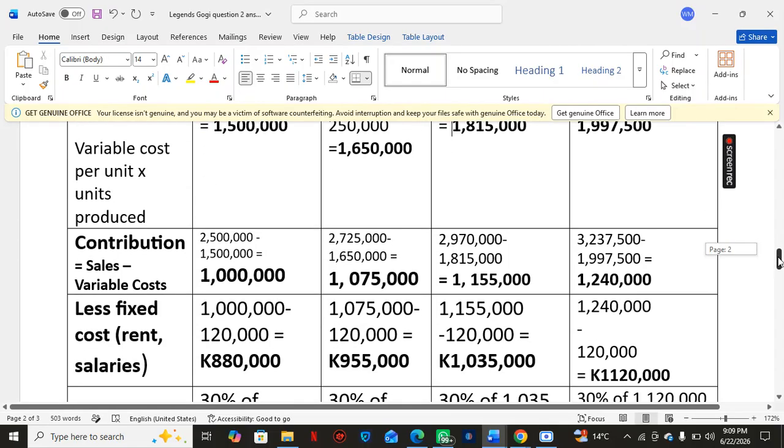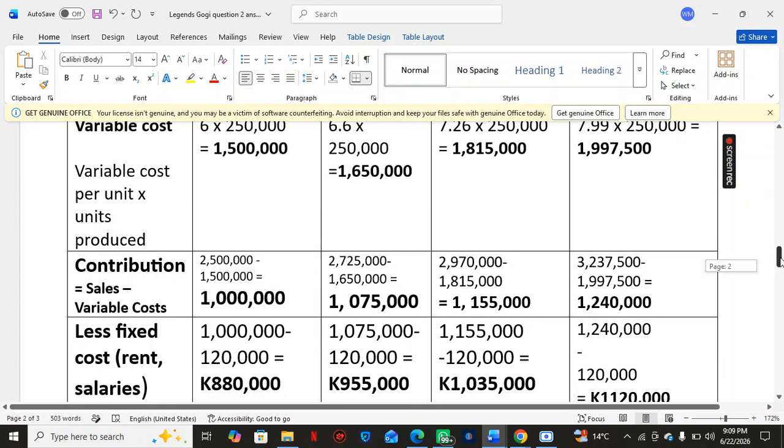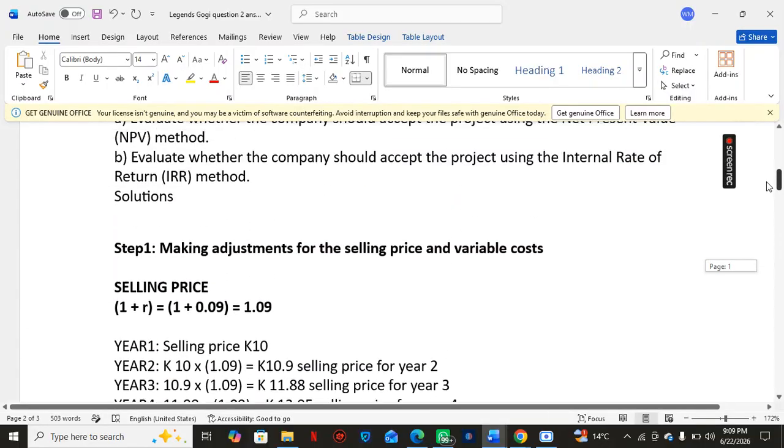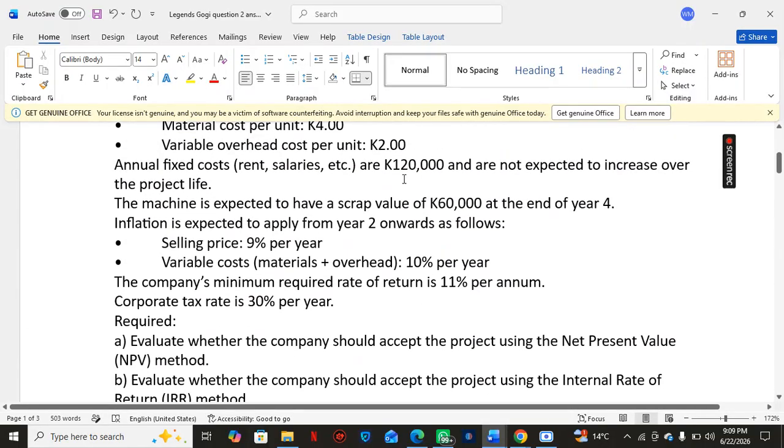After we've got our contribution, now we deduct our fixed costs to get the profit before tax. In our question, the fixed cost is 120,000 per year.